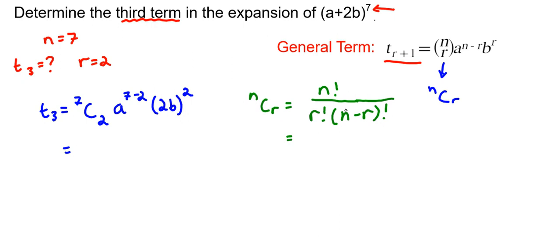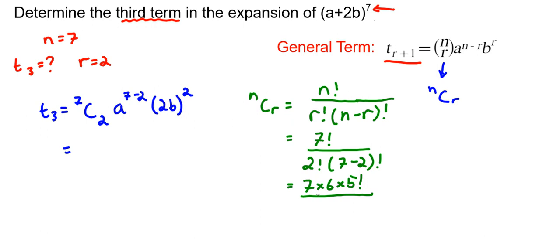Maybe it's an IB paper 1 question, or your teacher's looking for you to use factorials as opposed to just the calculator shortcut. So the n factorial is going to be 7 factorial, which is of course just 7 times 6 times 5 times 4 times 3 times 2 times 1, all over the r factorial, which is 2 factorial, and then we have 7 minus 2 factorial. So we can write this out as 7 times 6 times 5, and I'm actually going to stop there at the 5 and make it 5 factorial.